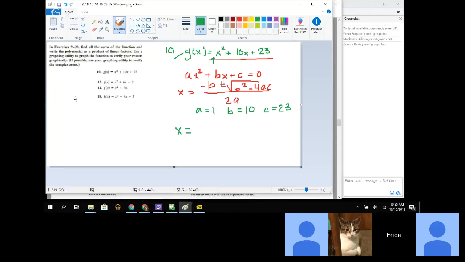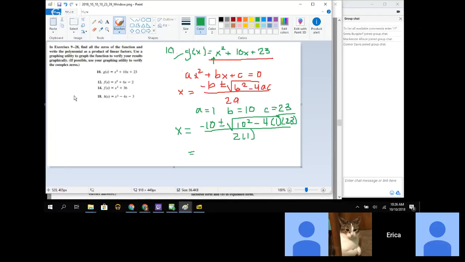We have negative b, which is negative 10, plus or minus the square root of 10 squared minus 4 times 1 times 23, all divided by 2 times 1.